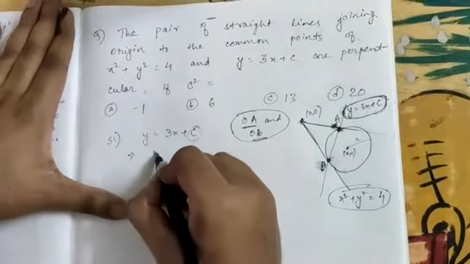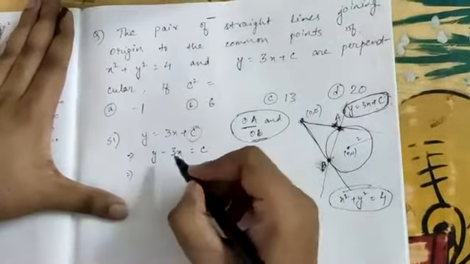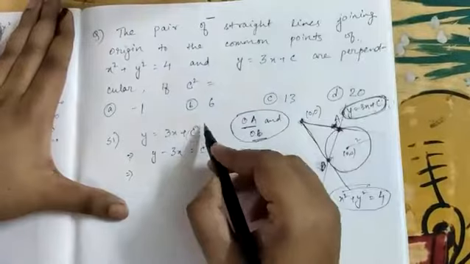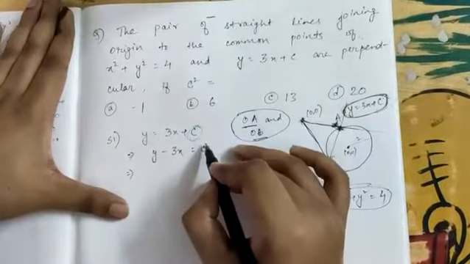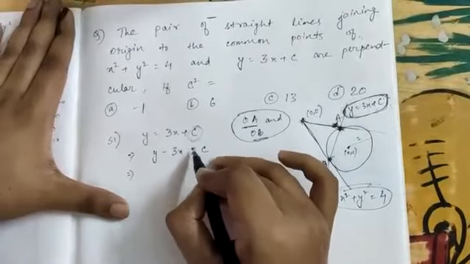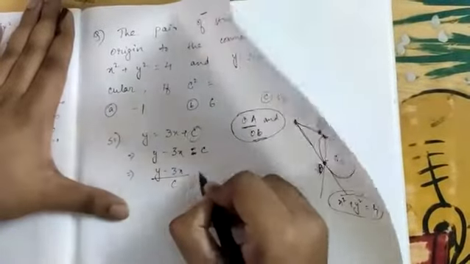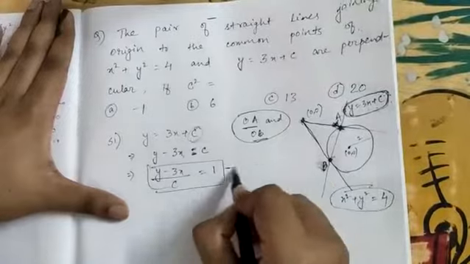So it will be y minus 3x equal to c. Now in the final part of step 1, divide both sides of your equation by the constant term, that is, y minus 3x by c is equal to 1. Okay, now mark it as your equation 1.